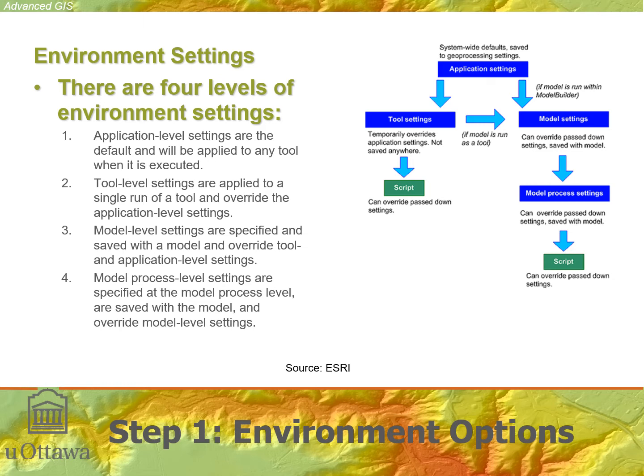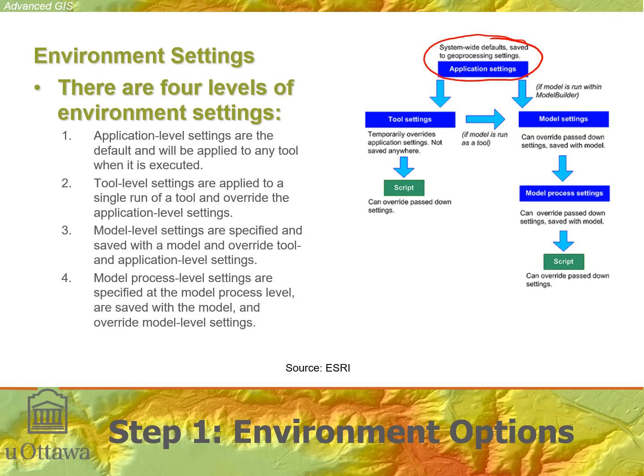And there's a hierarchy to environment settings, and that's shown here on the right. So application settings are settings that you set in the environments when you do it visually through the Analysis tab, Environments. And those are called application settings, and they will apply to everything that you do in ArcGIS Pro, in the toolbox, or in the Python window, or anywhere else within ArcGIS Pro.